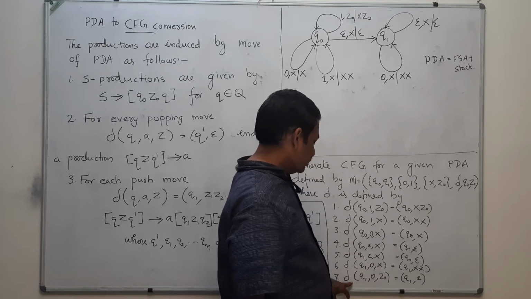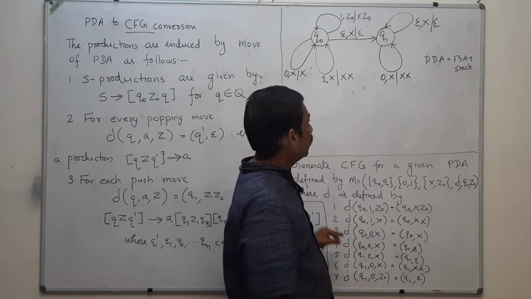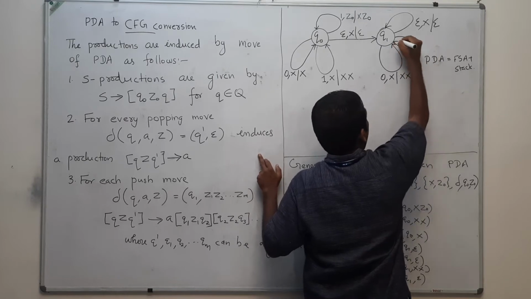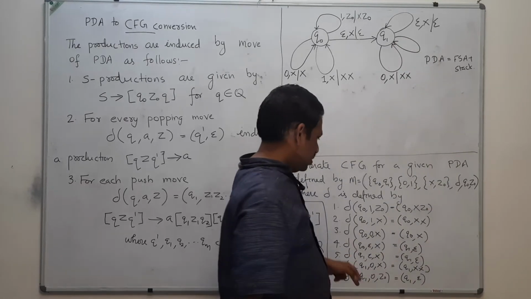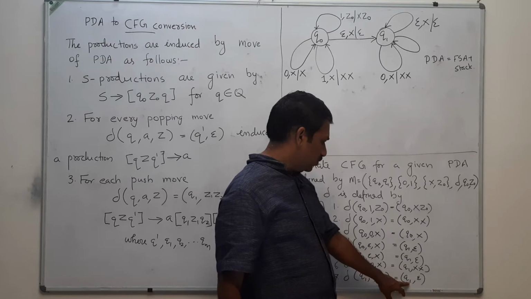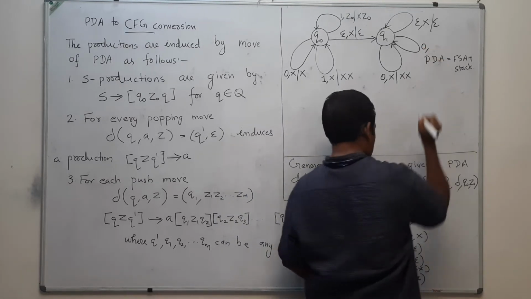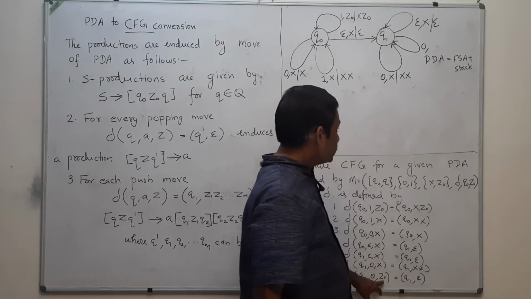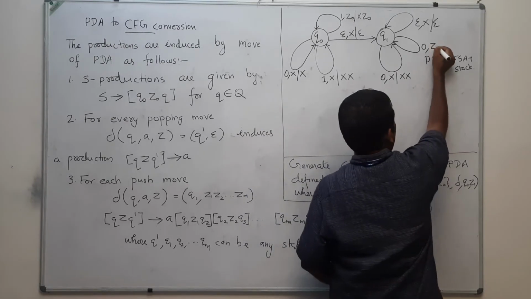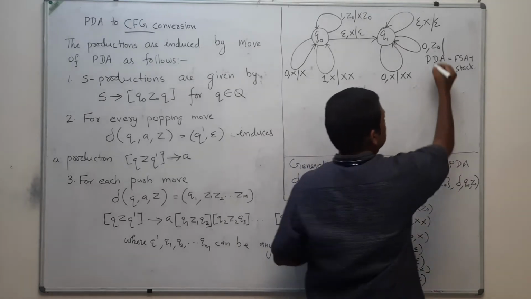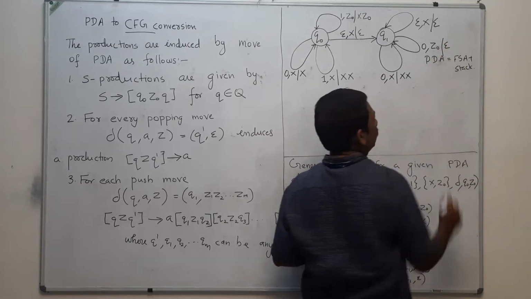And the last one is delta of q1, 0, a0. It means you are moving to q1. If the current input symbol is 0 and the current top of the stack is a0, what will happen? You are going to pop it. That means here you are going to have epsilon.